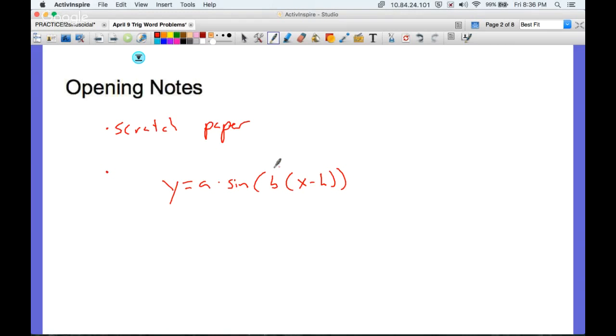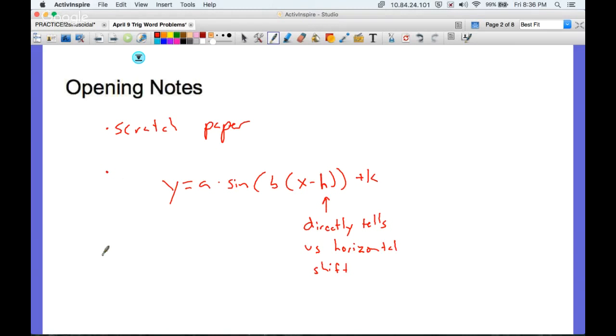So effectively I'm factoring out the b value here, and when I take the b out, now this h will directly tell us the horizontal shift. So I don't have to worry about that formula h over b if I write it like this, and then plus k is still the same.